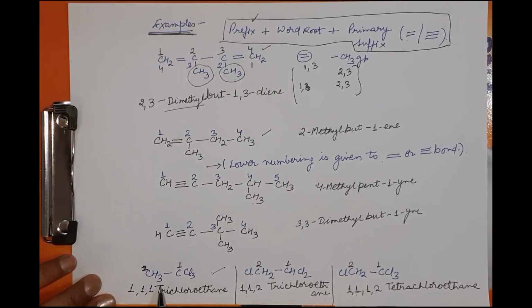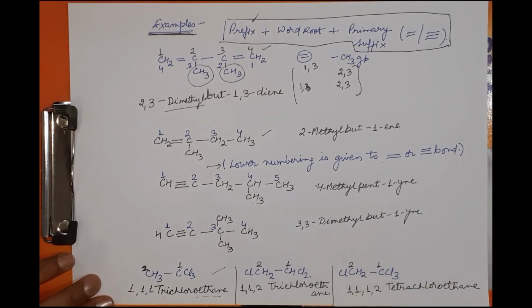In this case, this is 2 carbon atoms, meaning this is ethane, and we give numbering like this, 1, 2. This is carbon 1 and this is carbon 2. Three chloro groups are there on carbon 1, so the name will be 1,1,1-trichloroethane.